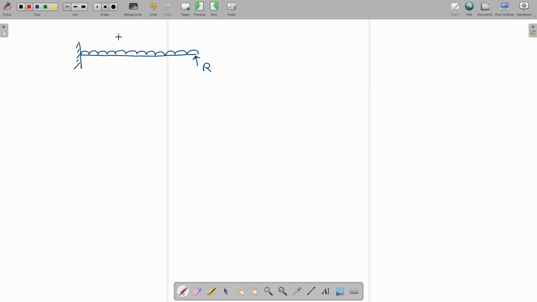Now we are going to consider a section right here as XX. That is, we are going to find the bending moment at this section XX. Okay. The distance is given as X. The reaction is 3 by 8 W into L. This is W per unit length.